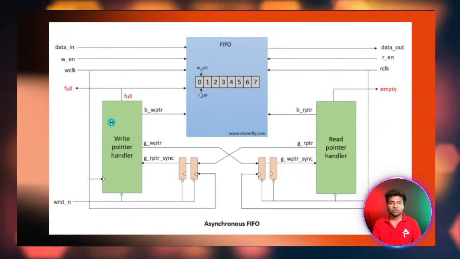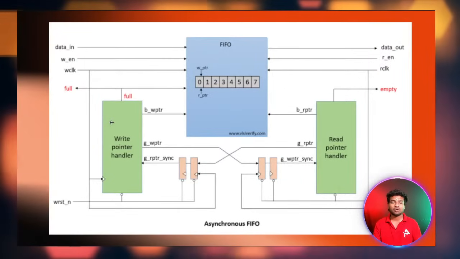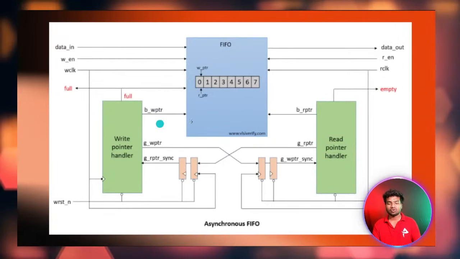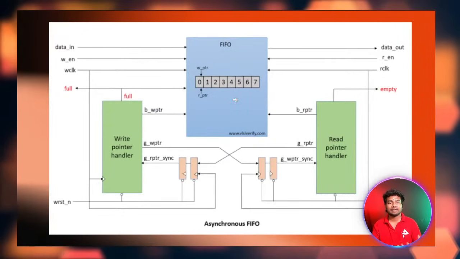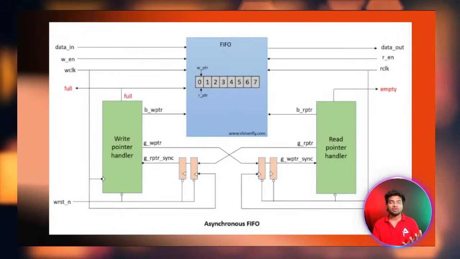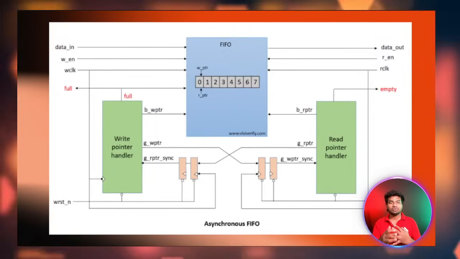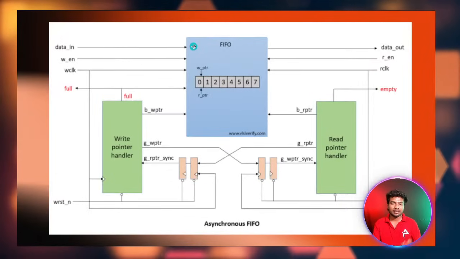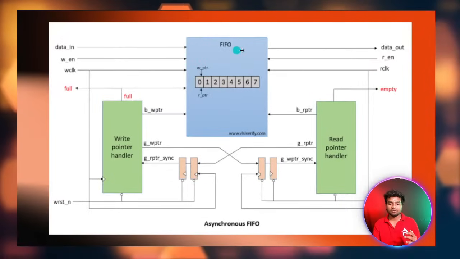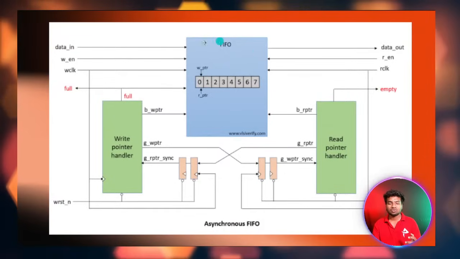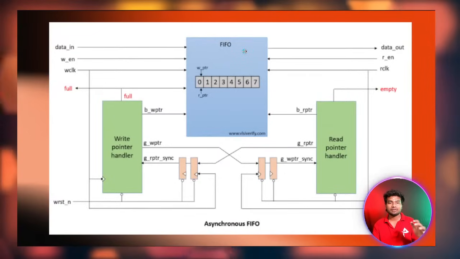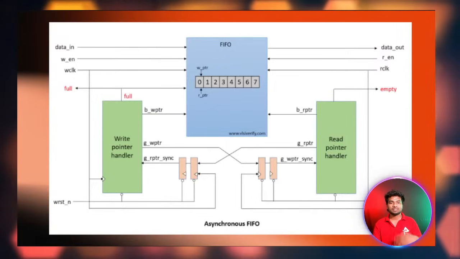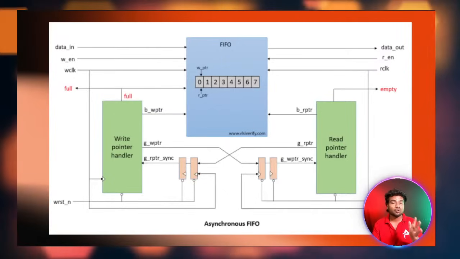In the FIFO there are a lot of control signals like FIFO full, FIFO empty, FIFO overflow. How can we say FIFO is empty, and how can we say FIFO is full? If the address pointer is pointing at the first location, it means FIFO is empty, so you can write into FIFO.